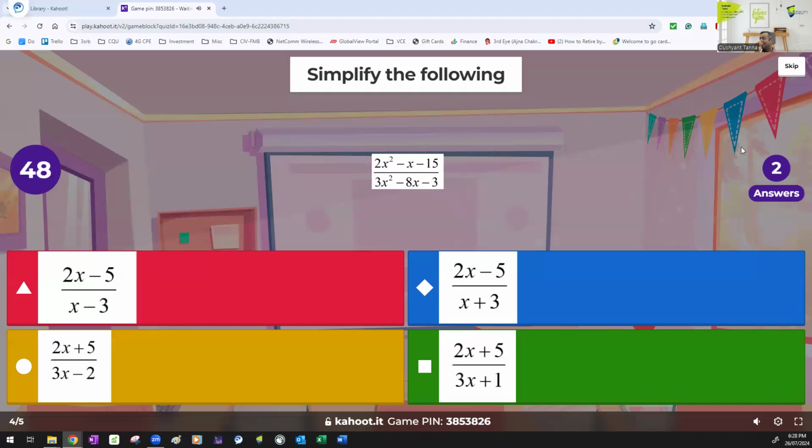Okay, I think... No, it's wrong. I'll pick one of those two. But I thought I could.